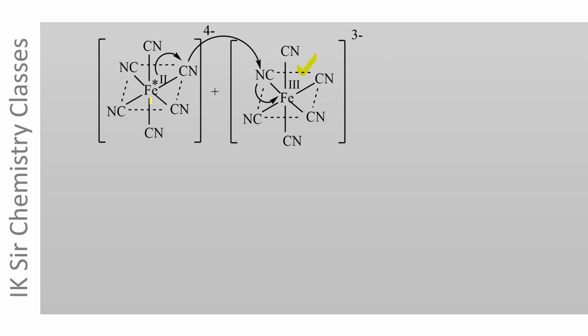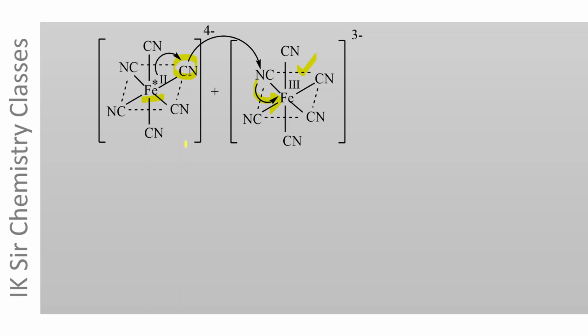The valence electron of Fe2+ ion spends some time on CN- ion also, and hence the electron jumps from Fe2+ to CN-, and then from CN- to CN- of this complex, and from this CN- to Fe3+ ion. The electron transfer reaction takes place from Fe2+ to Fe3+ by hopping process: Fe2+ to CN- to another CN-, and from CN- to Fe3+.